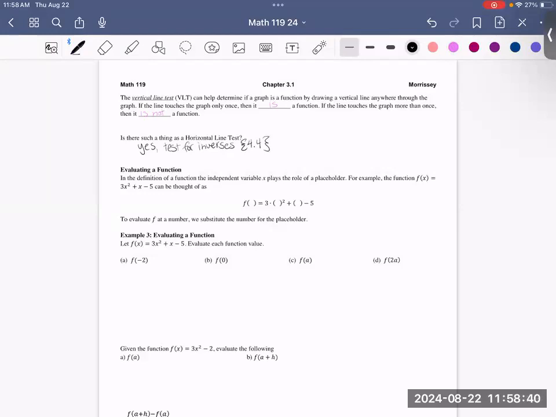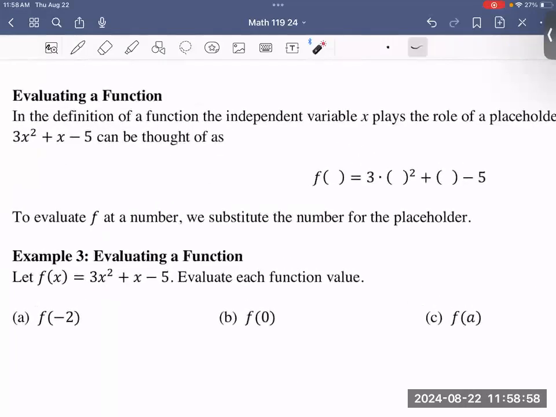Now, to talk about functions, we also want to work on evaluating functions. So in the definition of a function, the independent variable x plays the role of a placeholder. So for example, if we have the function 3x squared plus x minus 5, we can just replace that x with anything you want. So by doing that, we just leave gaps.